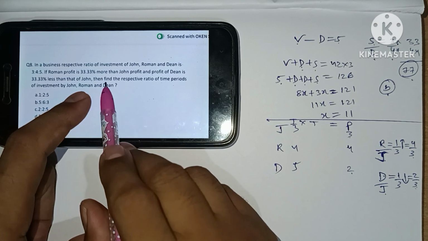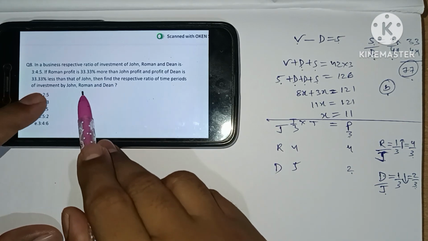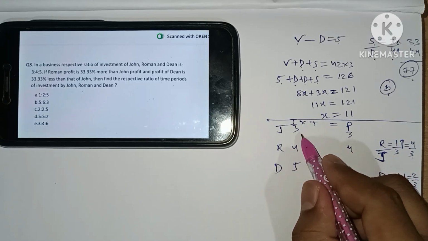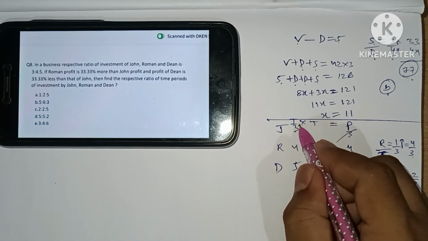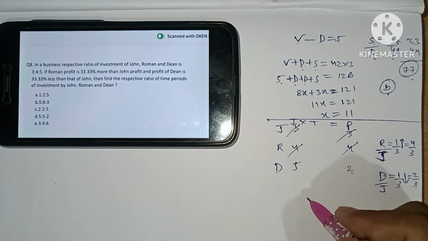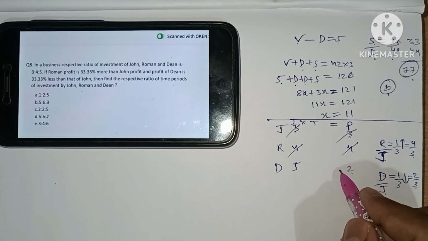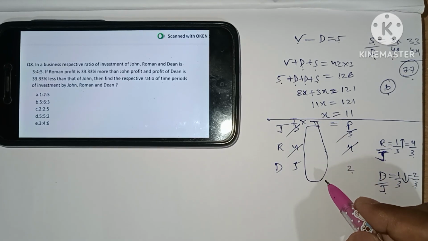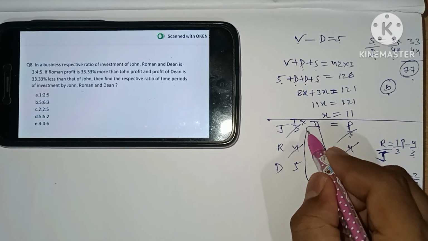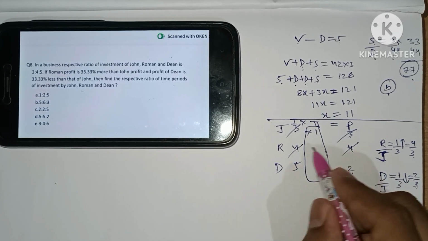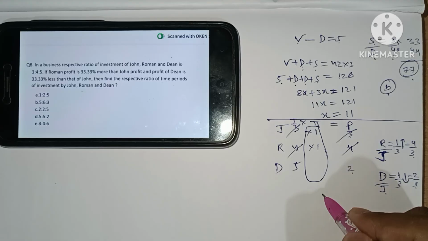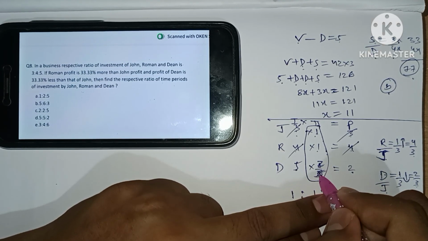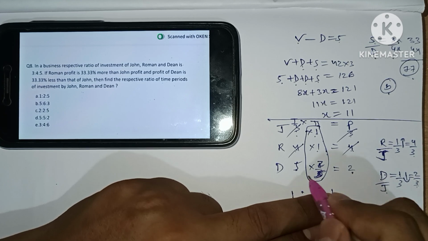Now the question asked is to find the respective ratio of time periods of the investment by John, Raman and Dean. So here 3 and 3 cancel, 4 and 4 cancel. Now we need to find the values of this one. 3 becomes 3 when it is multiplied by 1, 4 becomes 4 when multiplied by 1, and 5 into 2/5 will be 2.